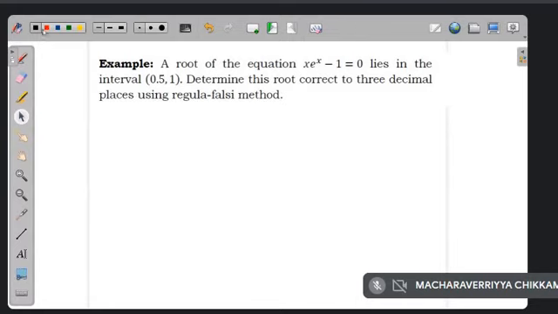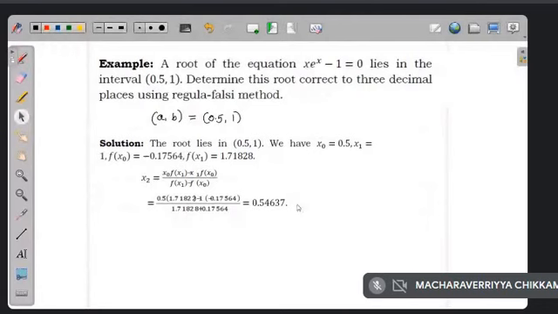The initialization is done with this a comma b. We are not free to choose the initialization, they already gave it to us, so we have to start with this a and b only. Earlier I started with 0 and 1, it's fine. They asked us to start with 0.4.